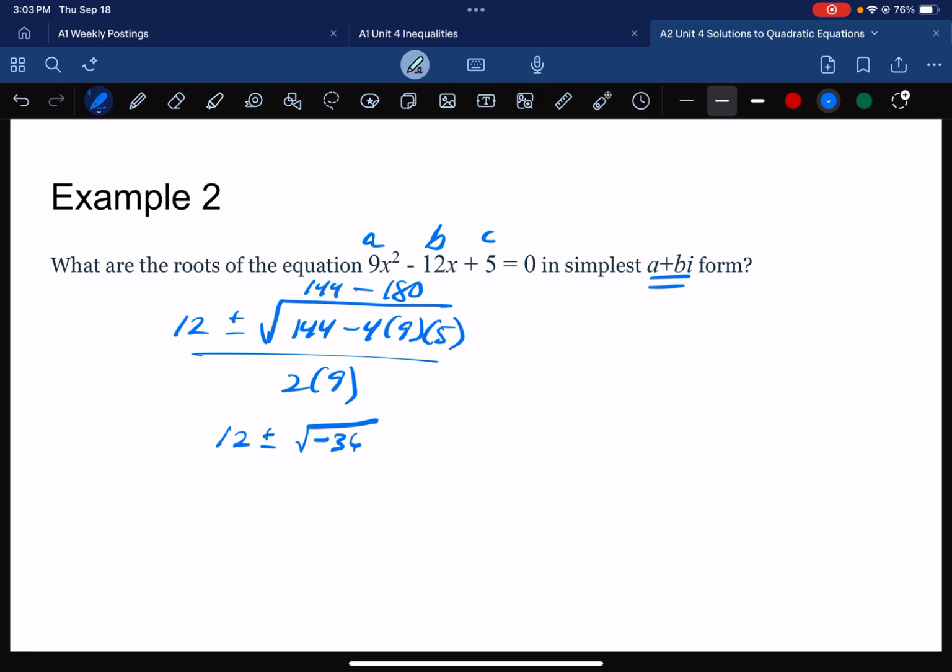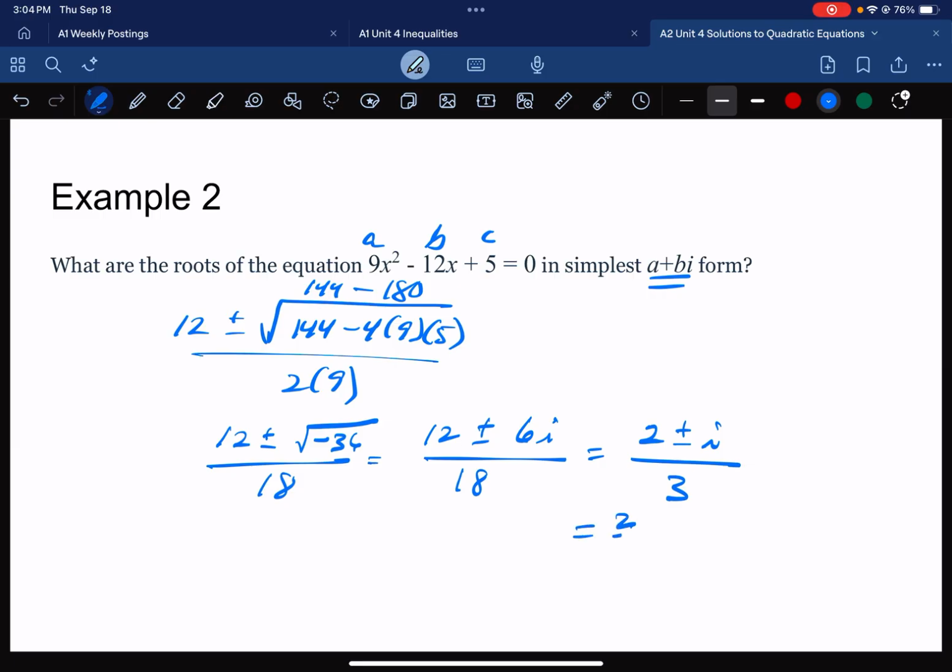The square root of negative 36 over 18. And so that's 12 plus or minus 6i over 18. And what are all these values divisible by? Well, they're all divisible by 6, so this becomes 2 plus or minus i over 3. But it says a plus bi form, so we're not quite there yet.